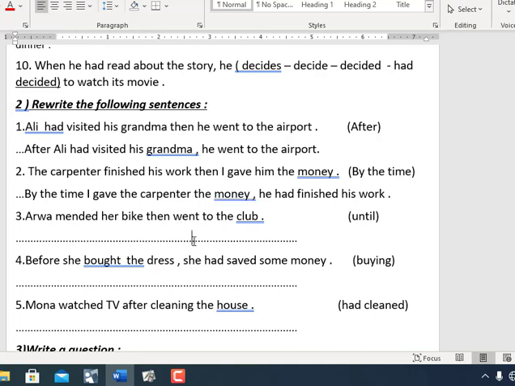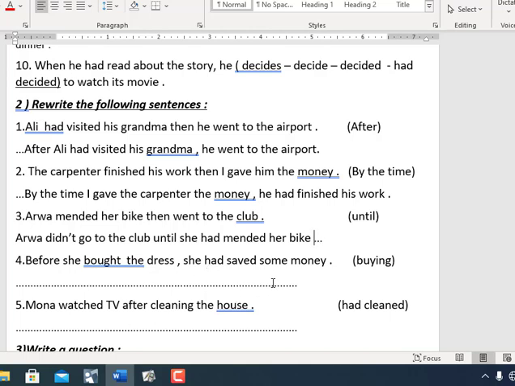Arwa mended her bike, then went to the club. So we will start with the second action in the negative. So Arwa, where is the second action? Yeah, here is went to the club. So Arwa didn't go to the club until she, first action, had mended her bike.